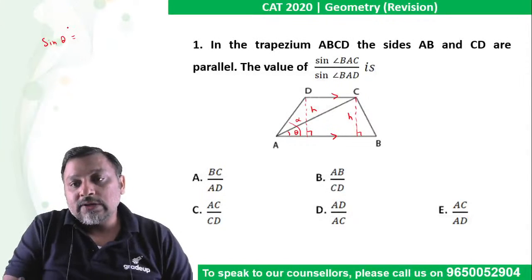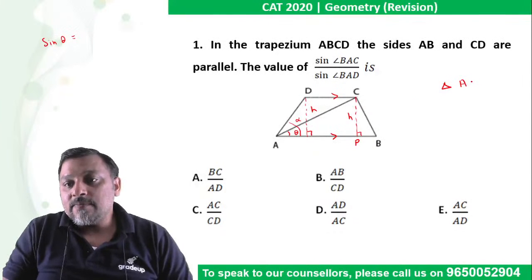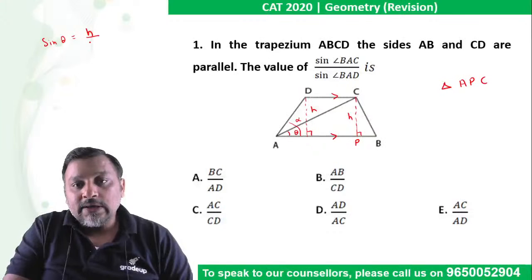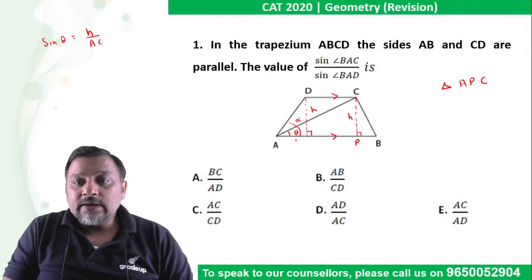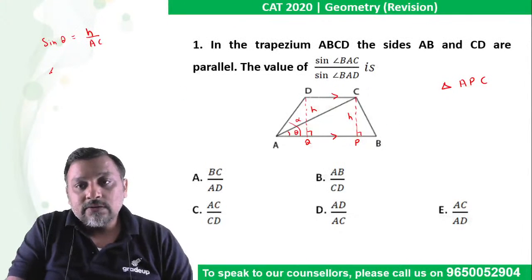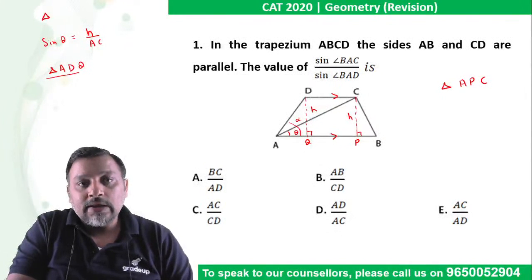So if we look in this triangle, let us say this is P. So if I look at triangle APC, can we say sine theta can be written as H upon AC. Similarly, if I look at triangle ADQ, this is based on triangle APC.